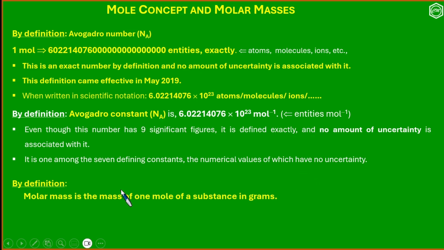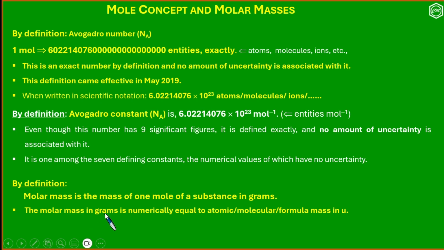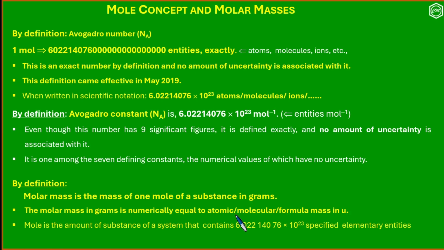By definition, molar mass is the mass of 1 mole of a substance in gram. The molar mass in grams is numerically equal to atomic, molecular or formula mass in U, that is unified mass.